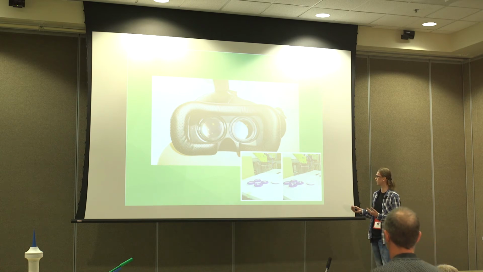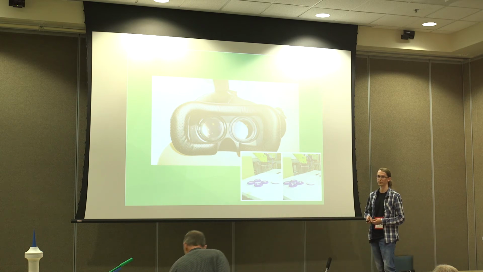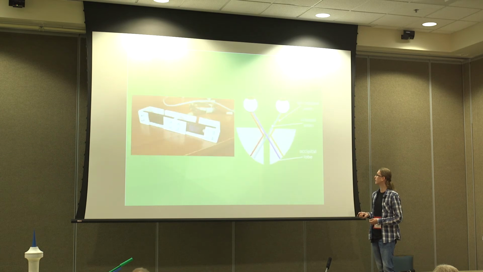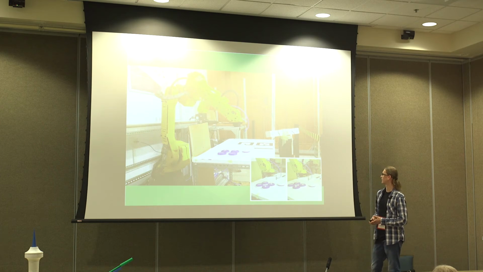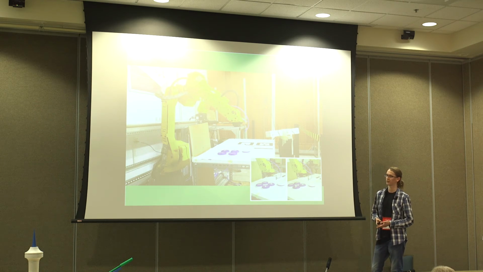So you can see the workspace in 3 dimensions. And the preliminary tests showed that the operational capability of a user that is equipped with stereo vision is much higher than the user without this stereo vision.